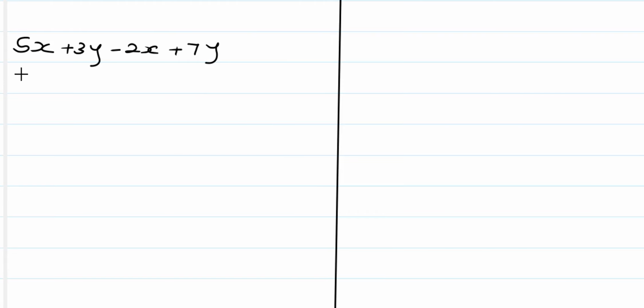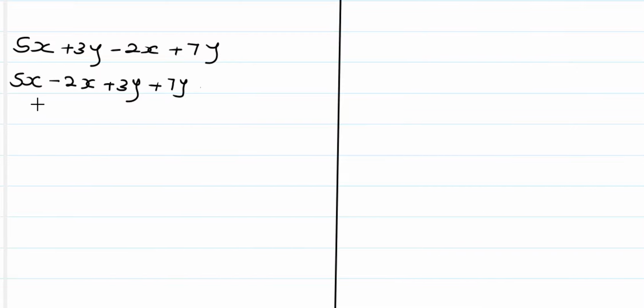We have this 5x, then we have this 2x, but because it is subtracted, we subtract 2x, and we have combined all the x's on one side. Then we combine the y's the same way. We have 3y, so I can add 3y there, and we also have 7y, so I can add 7y there, like that.